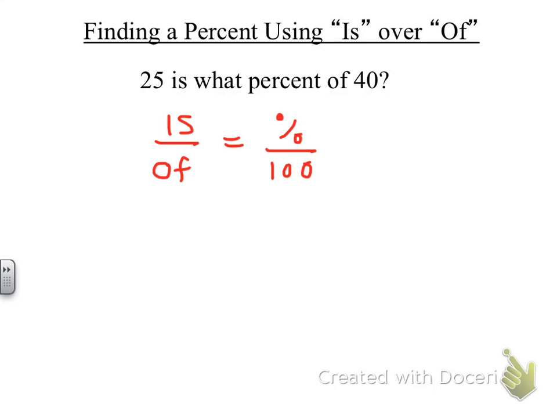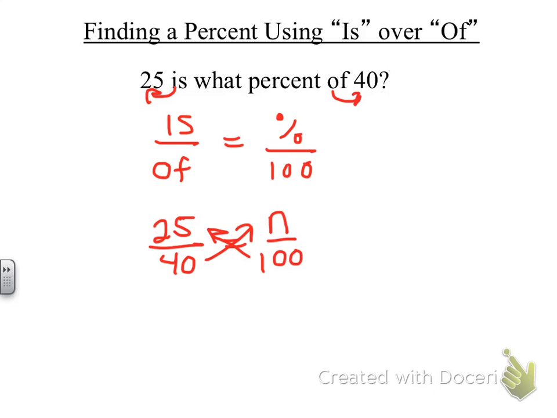Okay, so what am I putting? The 25 is, and the 40 is the of. 25. Notice this goes here. This goes here. And what do I put where? Oh, and then that would be x over N over 100. There we go. Now we are going to use our cross products. And what will I get here?